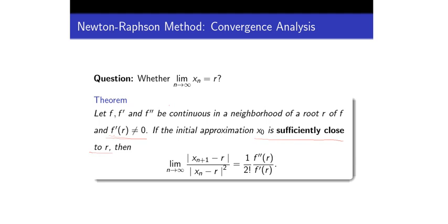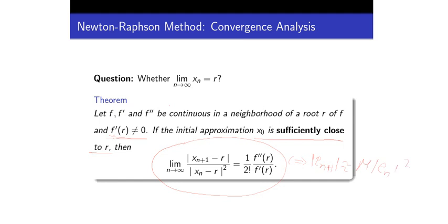Then this happens for the error: this is equivalent to mod of en plus 1 is, if I call it m times, mod of en square.